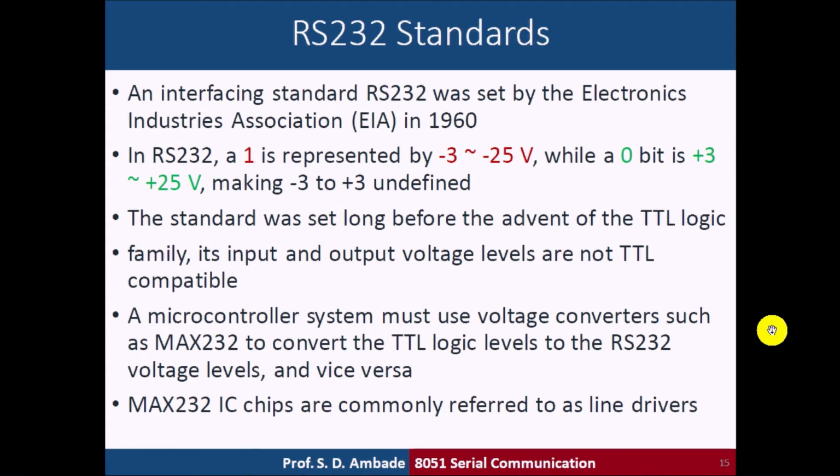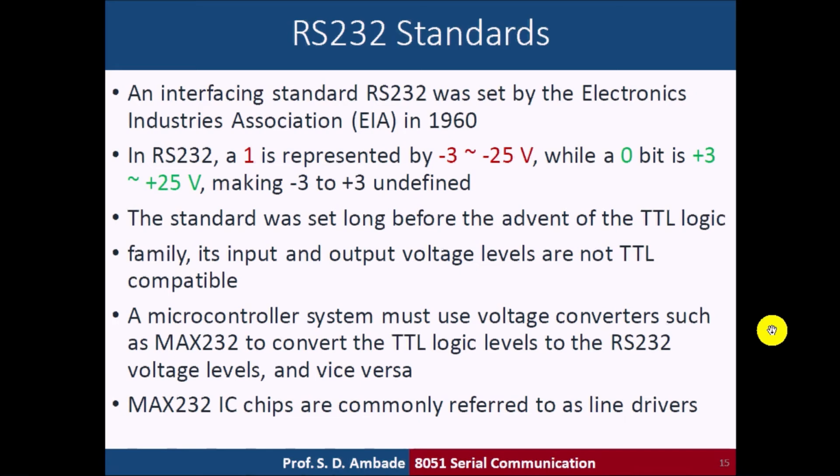One of them is the RS-232 standard used for serial communication. The interfacing standard RS-232 was set by the Electronics Industries Association (EIA) in the 1960s. In RS-232, a 1 is represented by -3 to -25 volts, while a 0 bit is represented by +3 to +25 volts, making -3 to +3 undefined.